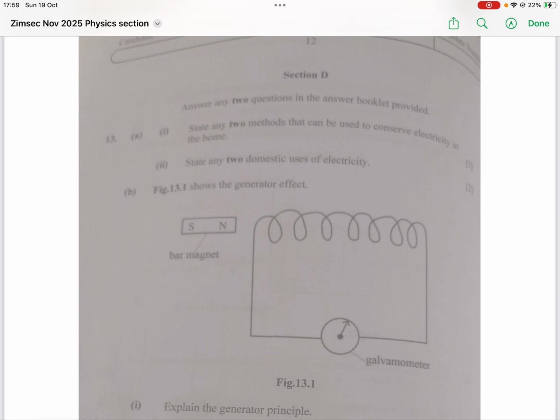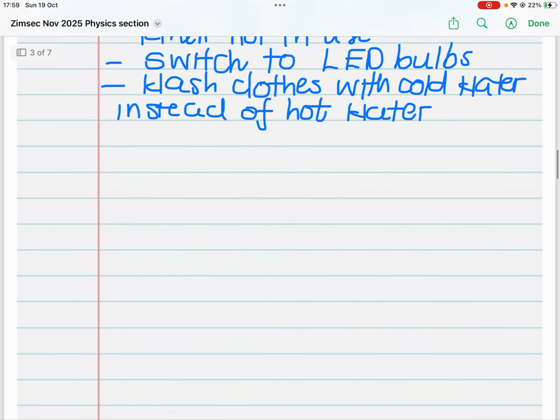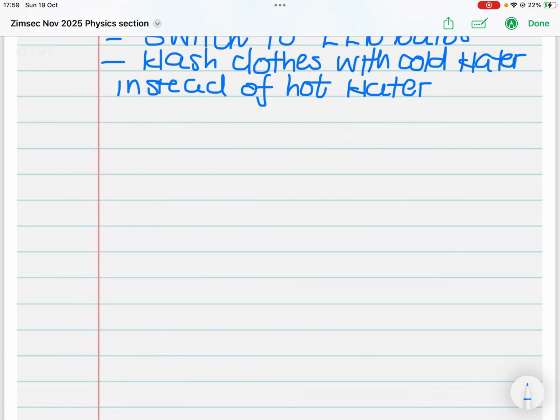In the next part of the question, we are required to state two domestic uses of electricity. This is now part 2. Electricity is used for lighting the homes.